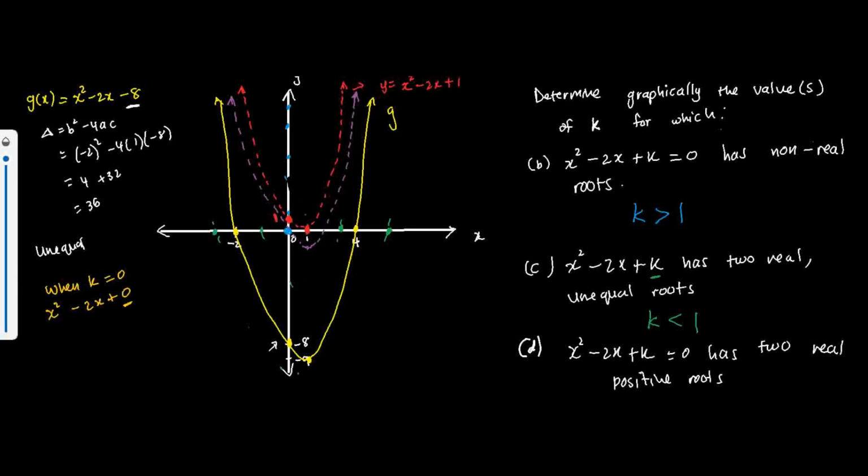Of course, any k value that lies between 0 and 1, we will have positive x values, right? We include 1. Now that's something that's very debatable. Should we include 1 when we are considering this graph?